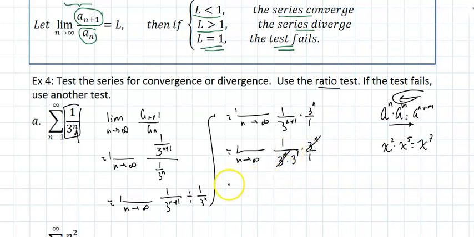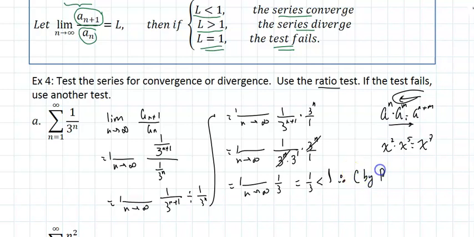Those cancel out. And that's the limit as n approaches infinity of 1/3. And we know the limit of a constant is the constant. Isn't that less than 1? Therefore, here I don't have to restate the actual series because it's the only one in there. Therefore, it converges by RT, for ratio test.